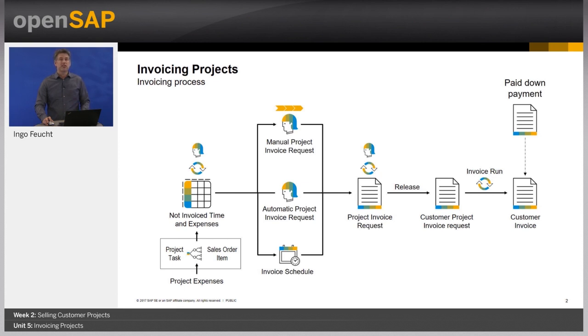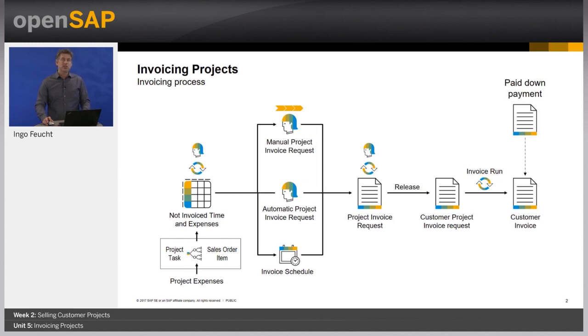Option 2 is the automatic project invoice request. In this case, the user triggers that the system puts together the invoice request automatically and, once done, allows to manually adjust it if needed. Option 1 and 2 are often used for customer projects built on a time and material basis.